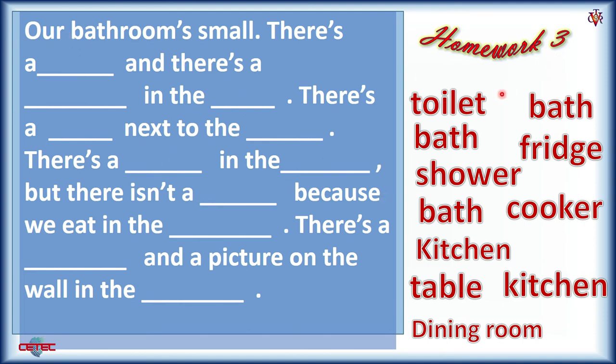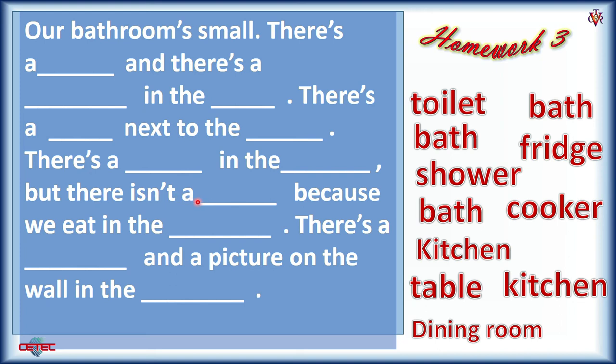Homework number 3. Toilet, bath, shower, bath, kitchen, table, dinner room, kitchen, cooker, fridge, bath. Our bathroom is small. There is a, and there is a, in the, there is a, next to the, there is a, in the.